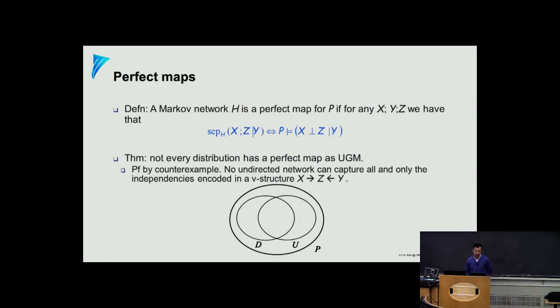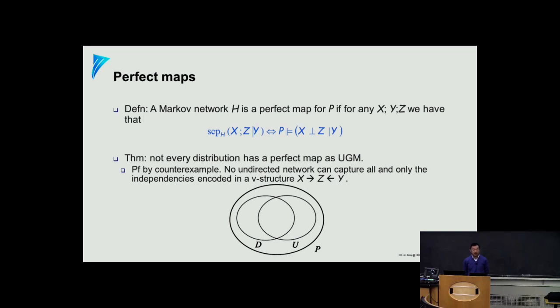Now let's maybe revisit our bigger picture about perfect maps, graphical models, undirected and directed, and so forth. So we know that there are certain independencies in a distribution for which you cannot find a perfect map in undirected graphical models.